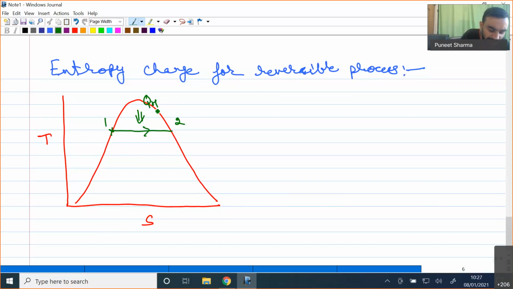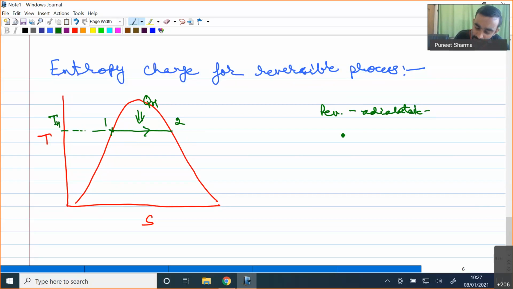We are adding QH amount of heat, and let us consider the temperature of this point to be TH. Then process 2 to 3 is a reversible adiabatic process.